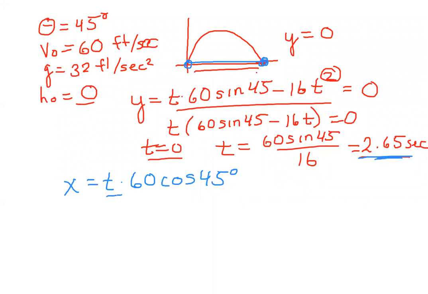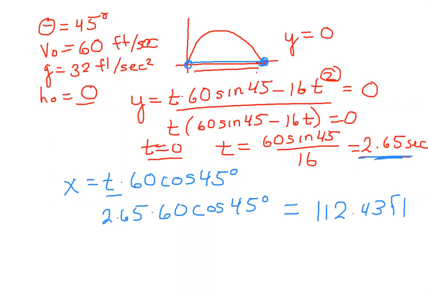So we have 2.65 times 60 cosine 45, and that equals 112.43 feet. So the ball traveled 112 feet this direction, and it took 2.65 seconds. And at that point, the vertical distance is 0. So in that example, we're looking for t instead of looking for x or y.